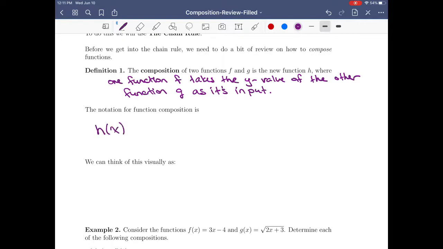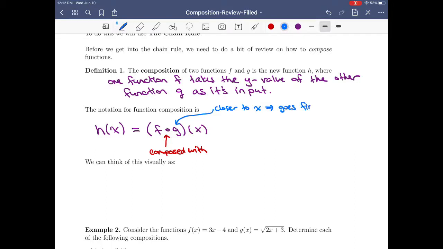So h of x, we write it as f circle g, and this little circle you read as composed with. So f composed with g, and because g is the one that's closer to x, that means it goes first, i.e. it acts on x first. So this is going to be f of g of x.